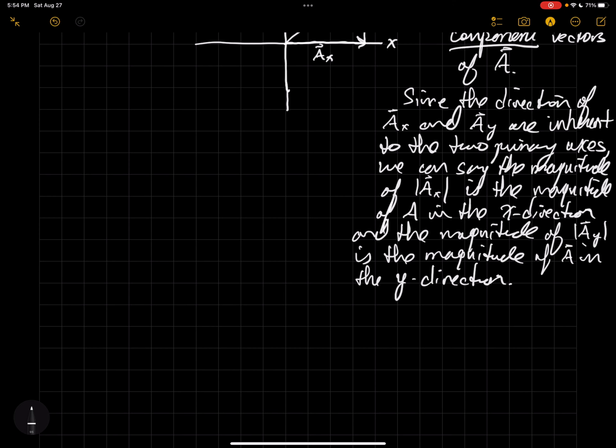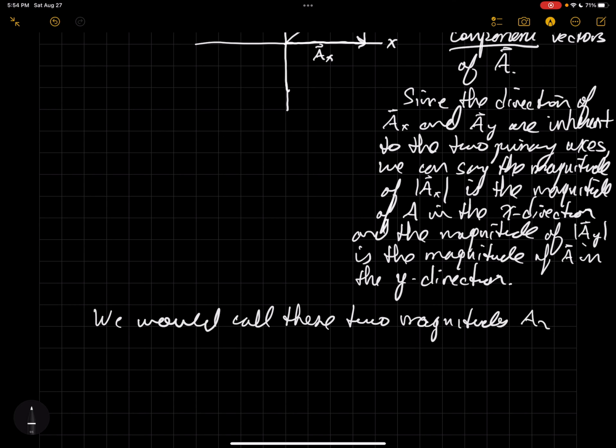And we would call these two magnitudes, respectively, AX for the magnitude of the component vector AX in the x direction, and AY, the magnitude of the component vector AY in the y direction.